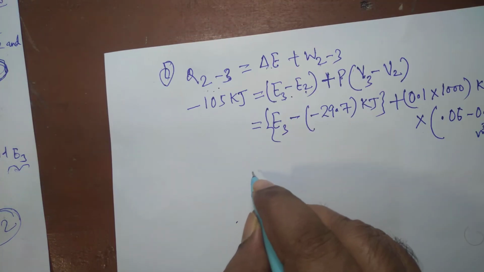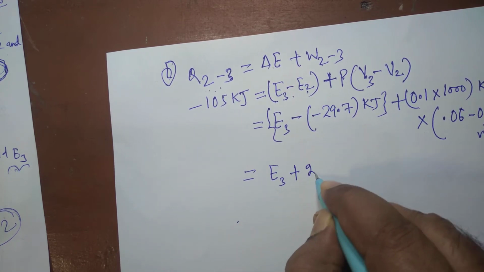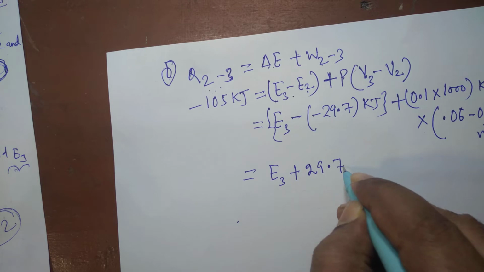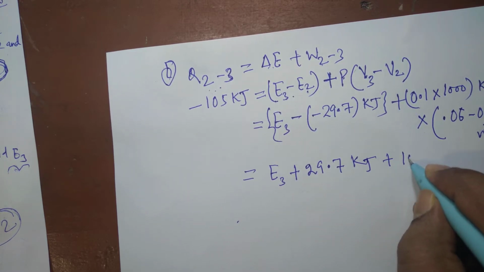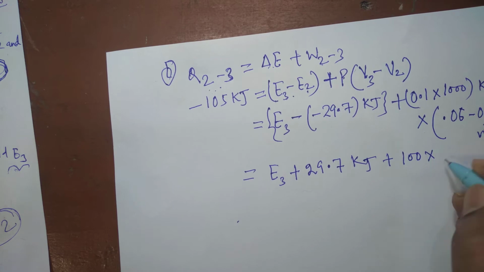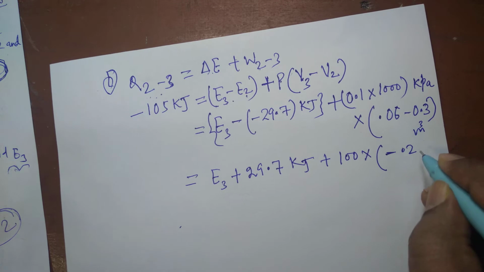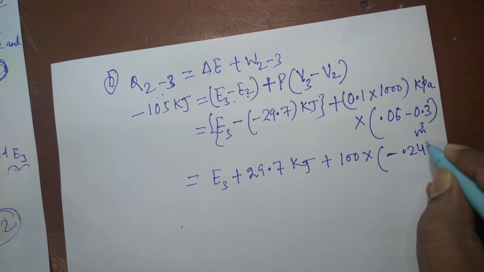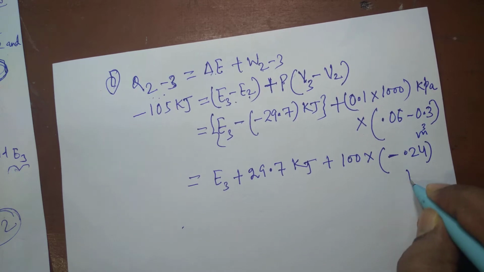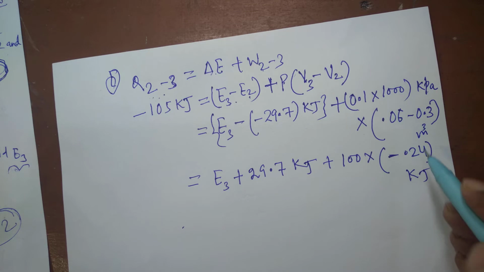So this is equal to E3 plus 29.7 kilojoule plus 100 multiplied by minus 0.24. This is in kilojoule, since kilopascal multiplied by meter cube is kilojoule.